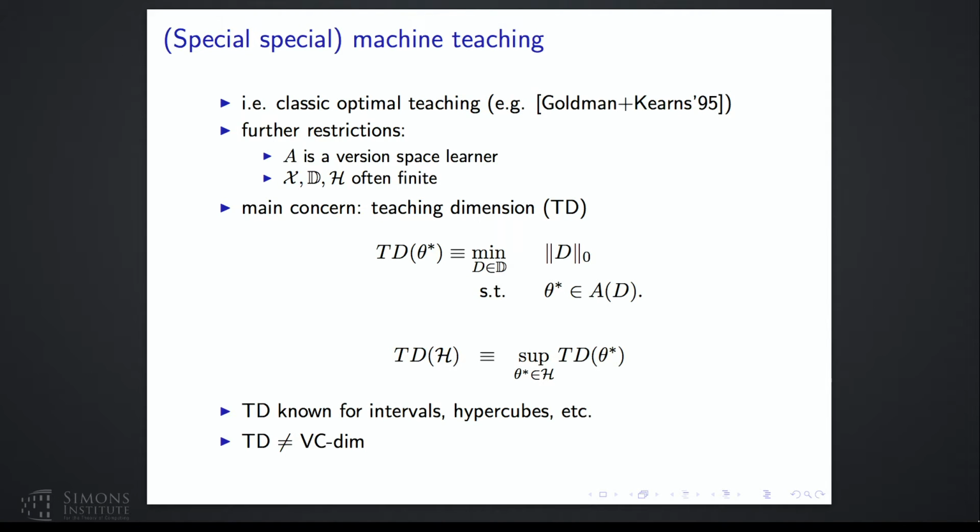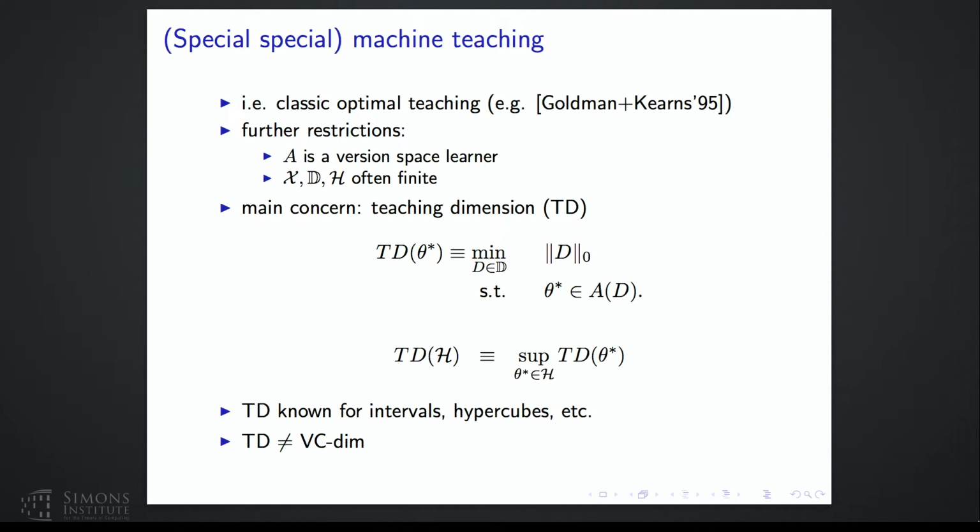Okay, so coming back to this, the objective function of the problem is known as the teaching dimension of the concept theta star with respect to the hypothesis space, big H. This is the notion of minimally how many training examples you would need in order for the learner to get that theta star.